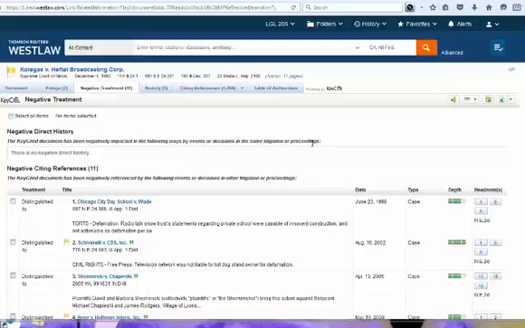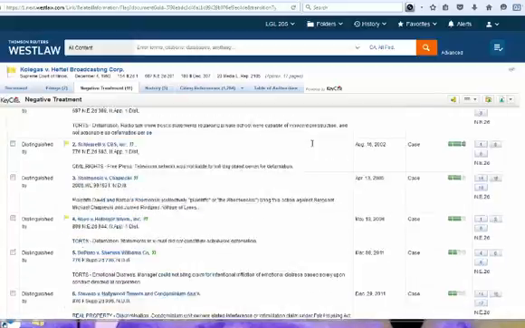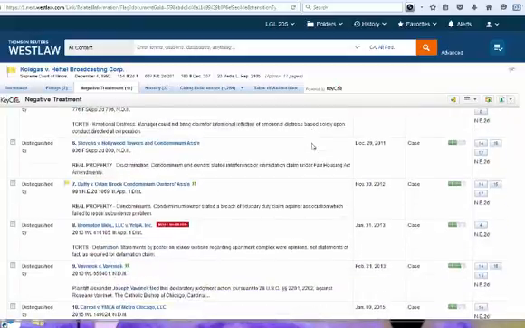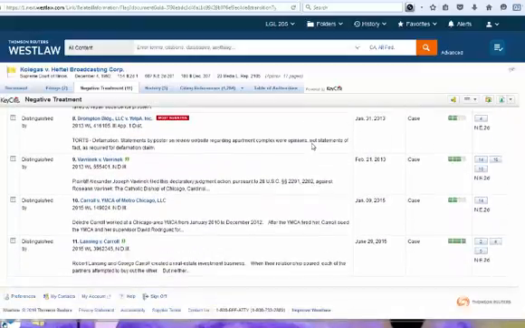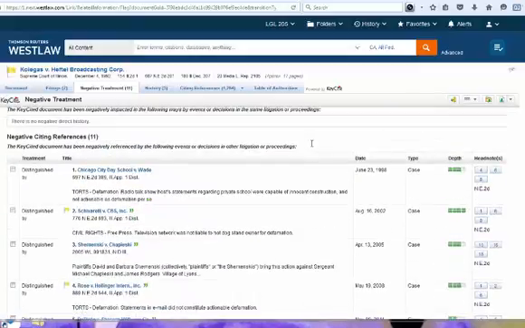Here it was just trying to get you to click the flag, take a look at negative treatment, and try and get a handle on how Westlaw groups cases that do not follow stare decisis and do not follow precedent.